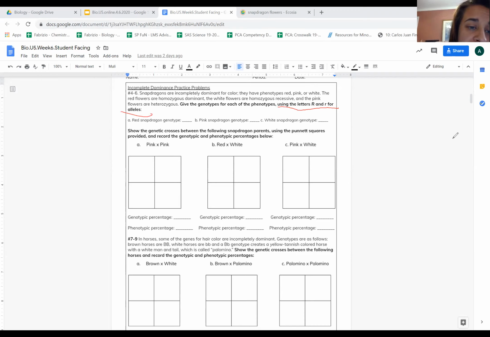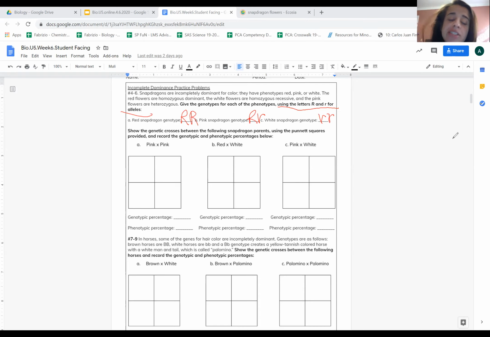So a red snapdragon can only be big R, big R, because this species of flower exhibits incomplete dominance, meaning that the only red flower is going to be the homozygous dominant. The pink snapdragon is our heterozygous individual because it's the result of the blending of the color, so it's big R, little r. And then finally, the white snapdragon is 2 little r's because it's homozygous recessive.